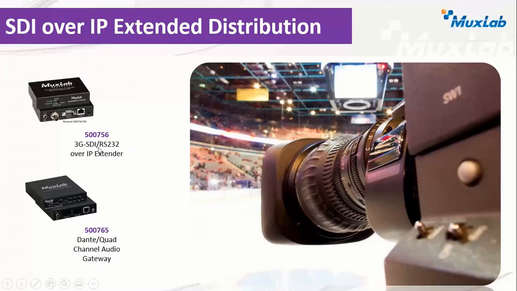It works hand in hand with our Pro AV products as well on the HDMI side, and in fact we can exchange signals from SDI to HDMI between this device and the Pro AV equivalent model. This is the model 756, and we have a model 754 on the Pro AV side.